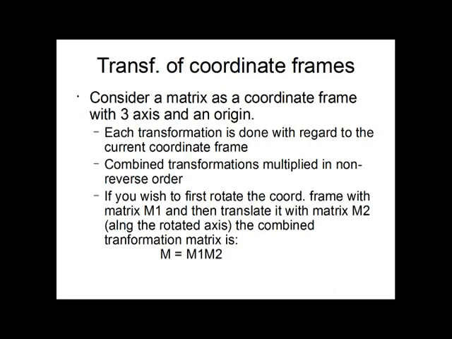Okay, looking at the transformation of coordinate frames. This is something that is simply better described on the whiteboard, and we'll do that in lectures, and we'll probably do that more than once just to nail this idea in. But the idea is that, rather than each transformation being done in relation to the global coordinate system, where if we rotate something, it'll always rotate around the center of the coordinate system.